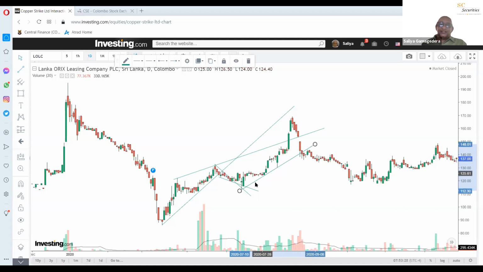Now, when I'm stretching the line, and incidentally, this is a support line, you can see that after this low, the prices started moving up. And then even with a high-low formation, with a different angle, you can see that the prices are going up. In between, this candle hit a low, touching exactly that support line.